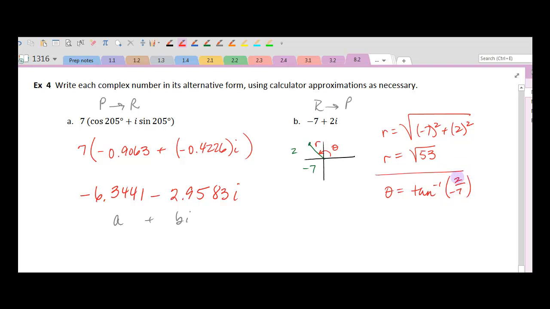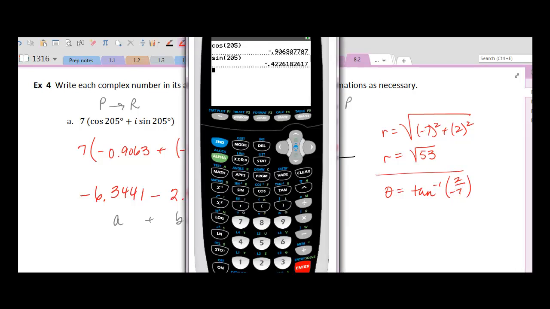So on my calculator I'm going to have to do this again. So we will pull that up and take inverse tangent of negative 2/7, and you can see that I get a value of negative 15.94.